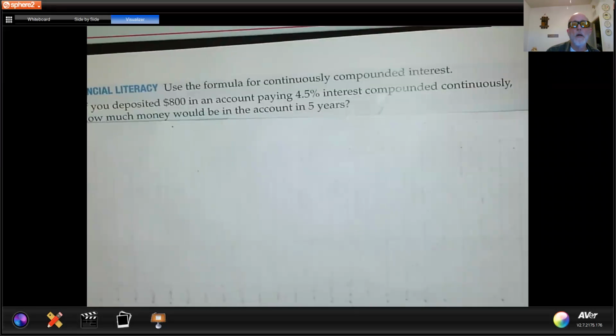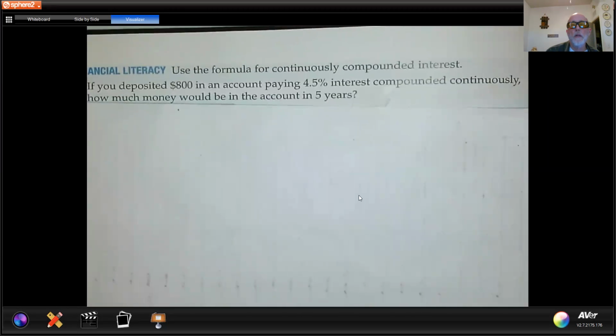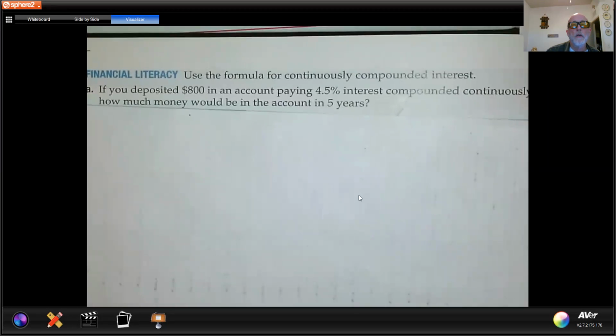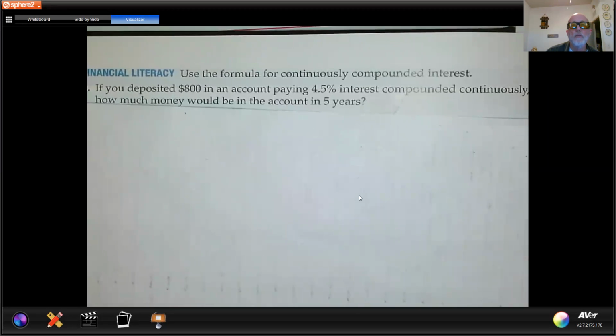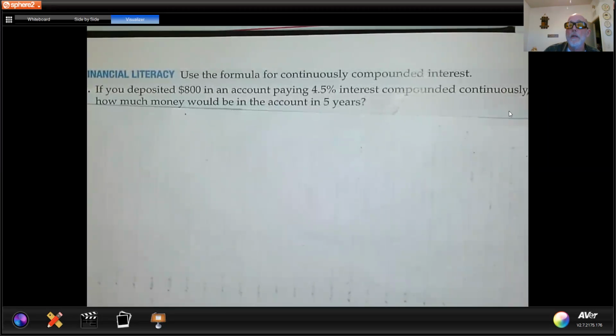So we have a problem that looks like this. You deposit $800 in an account that pays 4.5% compounded continuously. What does that mean? That means you're going to use this formula, the one we were just using, for compounded continuously.